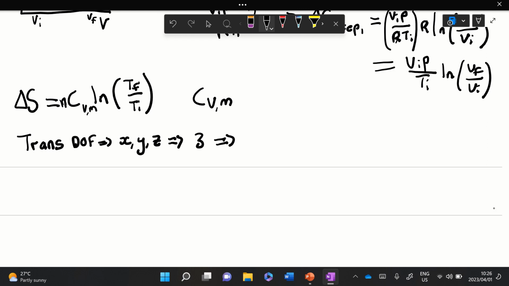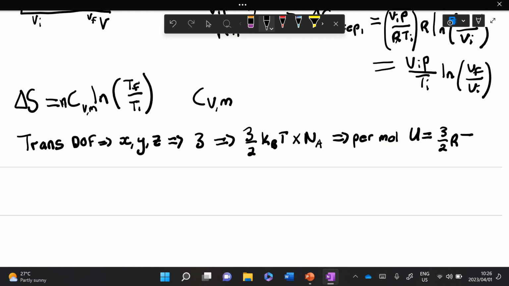Actually, let's start a bit back. Per molecule, or in this case, per atom of argon, it has 3/2 kBT energy. Each atom of argon has that amount of energy. And of course, you need to multiply that by Avogadro's number. Then per mole, the internal energy is equal to 3/2 RT.